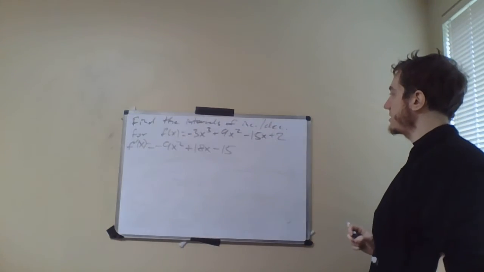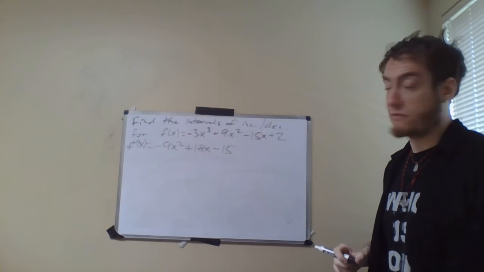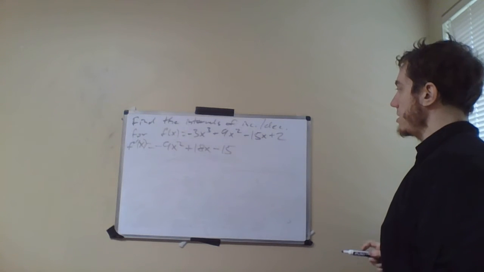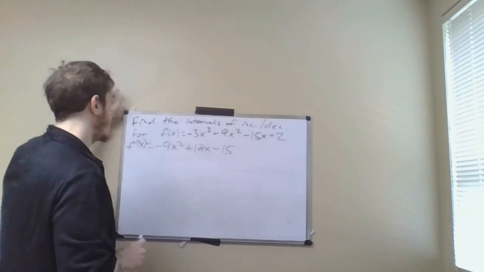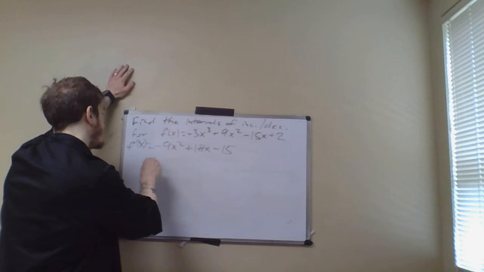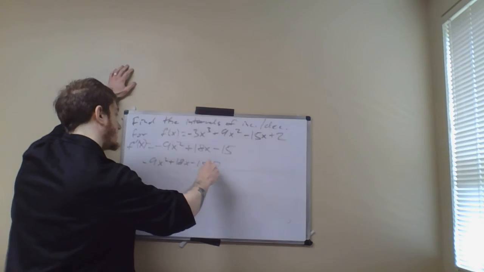Oh God, did I accidentally set one up that's not going to do what I want? Well, let's see what happens, because maybe we're going to find that there are no critical points. But no, we should be okay here. So if I try to solve this, I set negative 9x squared plus 18x minus 15 equal to 0.